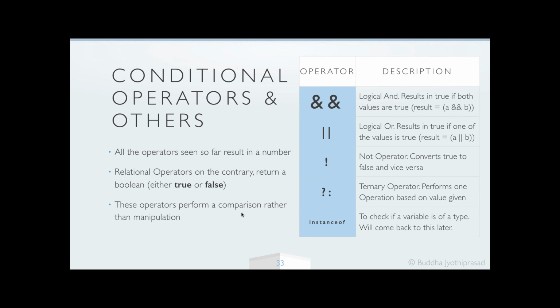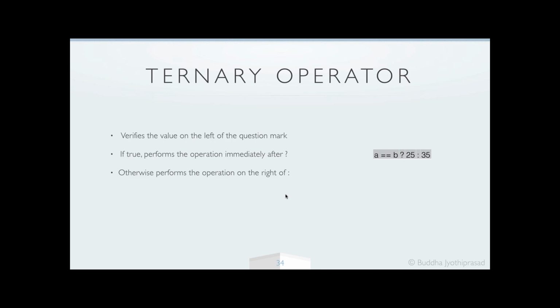So how we can use ternary is this. So now when A is equals to B, question mark 25 colon 35, this is a typical usage of ternary operator. So what actually happens is, it actually tests if this is true or not. If this is true, this value will be returned back. If this is false, this value will be returned back.